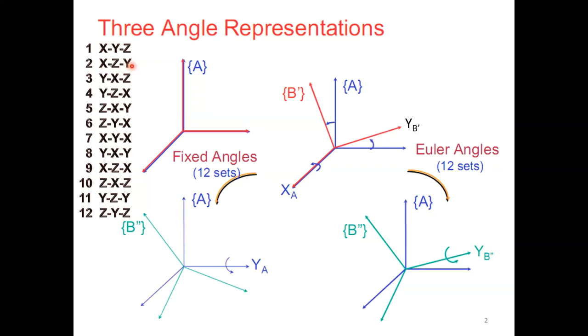That's yet another combination. Or else you can say, I first rotate around y, then x, then z. So it goes on like that. There are 12 different ways. And nobody can say which one is right and which one is wrong, because there's nothing wrong in any of these things.